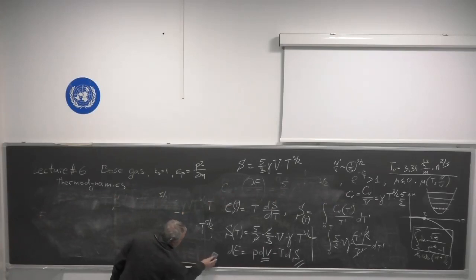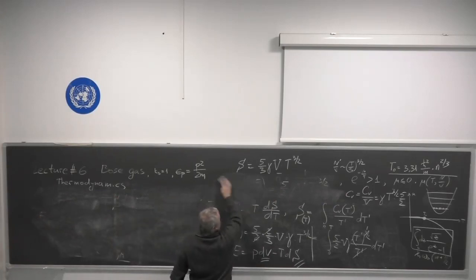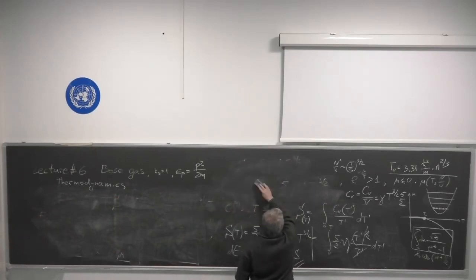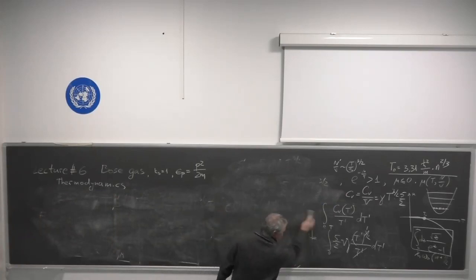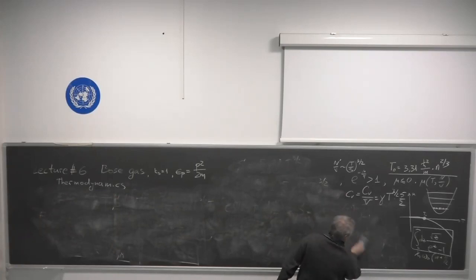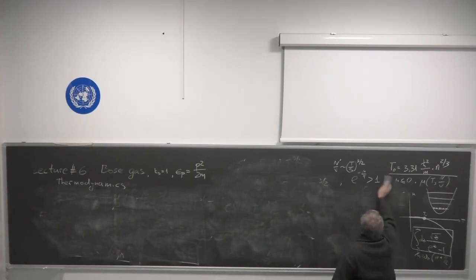So I finished with the ideal non-interacting Bose gas. Now I'm going to consider a Bose gas with weak interaction. I will quantify what weak is in a minute, and we proceed with a simple calculation.